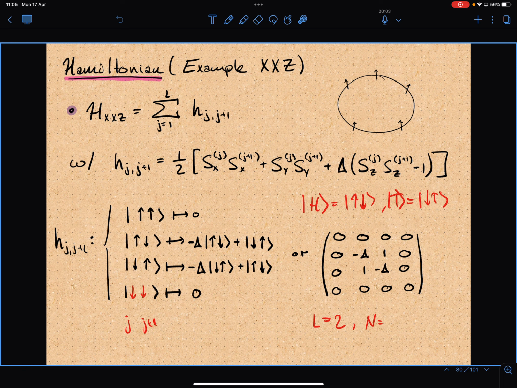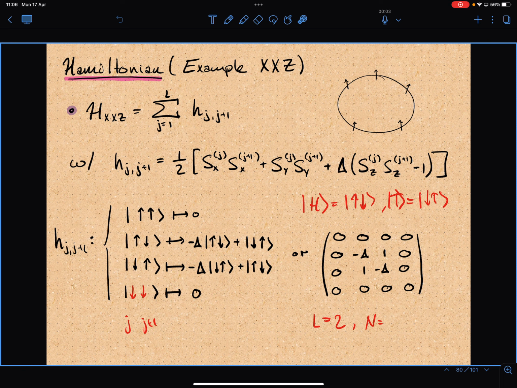You can actually write it and see how the local interactions act on basis elements. So in here, for the J and J plus 1 locations, if two particles are next to each other, it doesn't want to change if two upspins. Oftentimes I think of upspins as particles and downspins as holes.